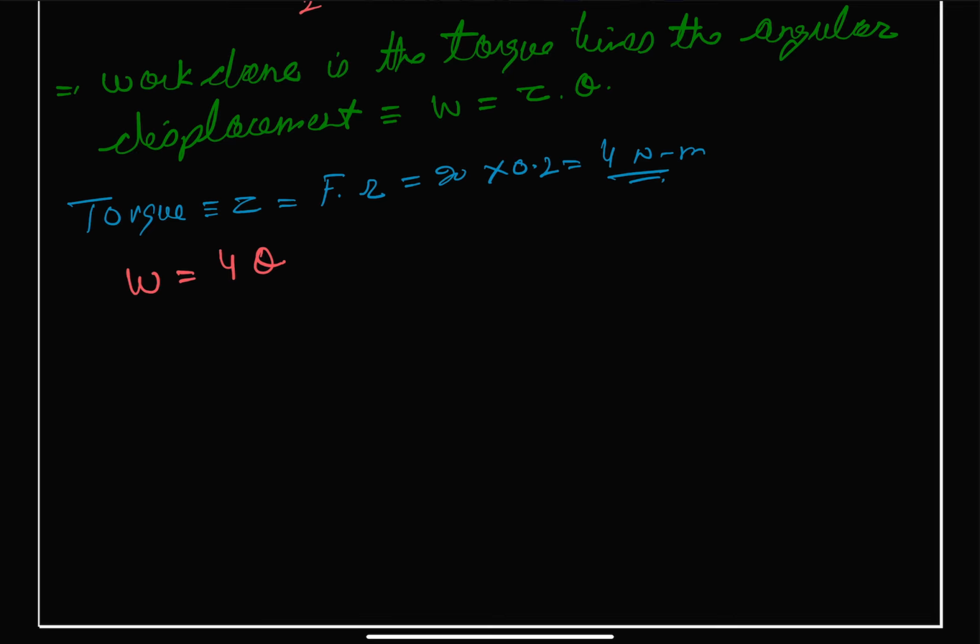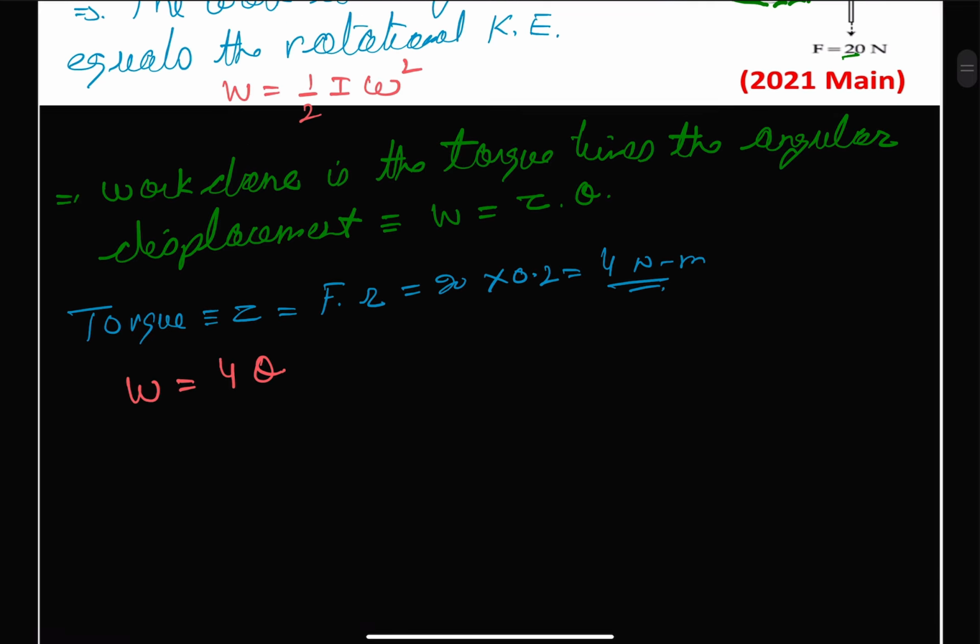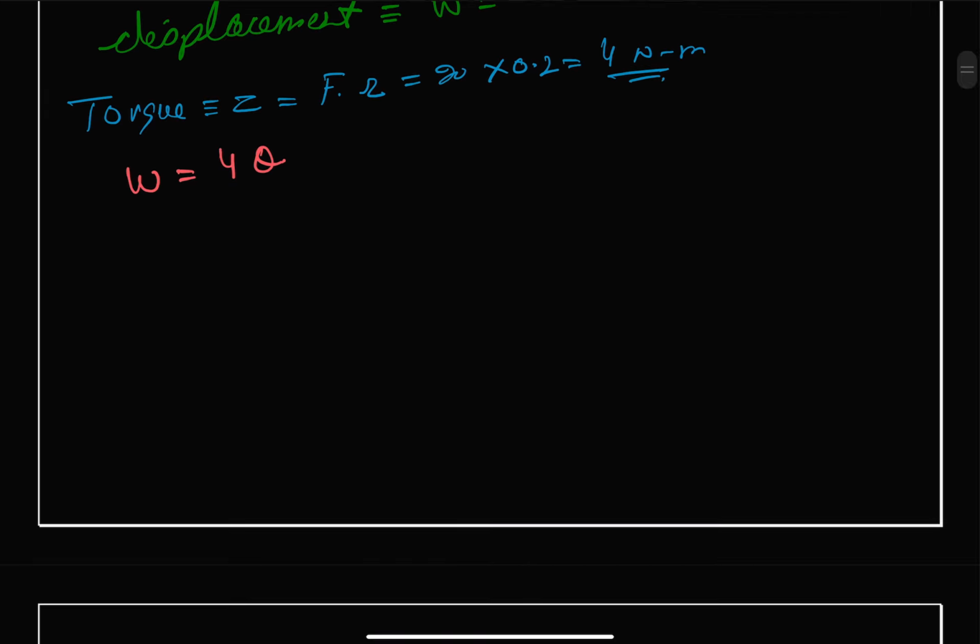Now we have our kinetic energy, that is our half I omega square, because this is nothing but our kinetic energy. Therefore we can say that our kinetic energy is equal to half I omega square. I is the moment of inertia. We can put its formula, it is the standard one, half m r square, multiplied by omega square.